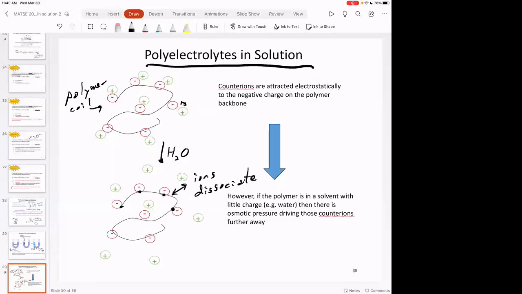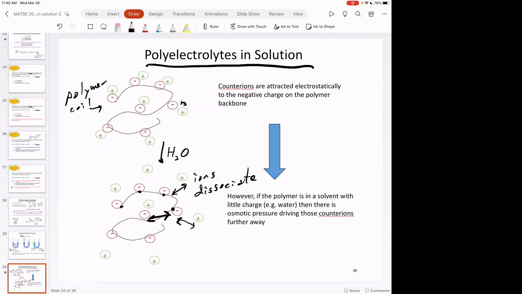But as soon as we put water in there and we dissociate the sodium away from the acrylate, now we have some distance between the sodium and the acrylate, but these charges can repel each other. So you need to think about what interactions the ions are going to have with their oppositely charged partners.